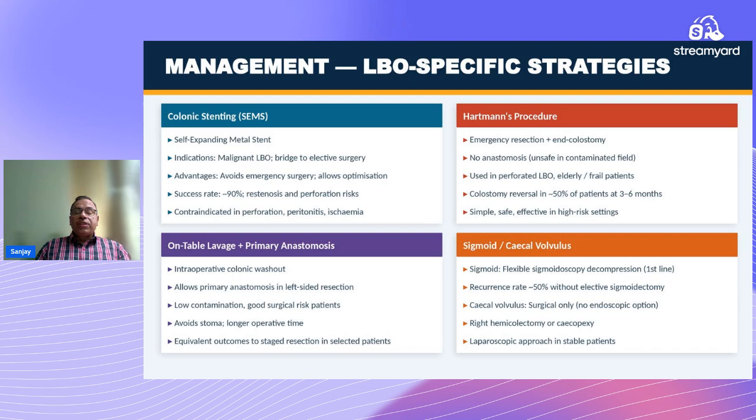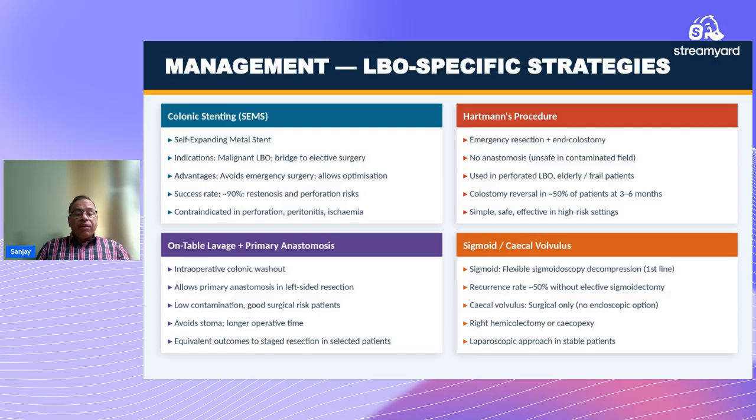Specific strategies may be done in large bowel obstruction, like colonic stenting. Stents can be used, especially in cases of malignant large bowel obstruction, where the patient is unable to undergo surgery, or the patient is on palliative care, or it can also be used as a bridge to elective surgery.